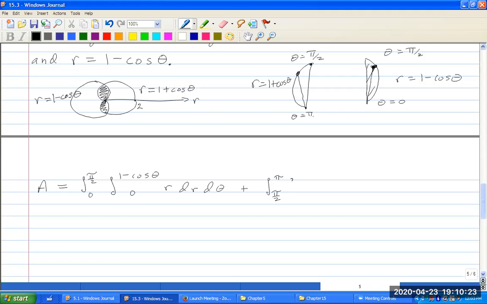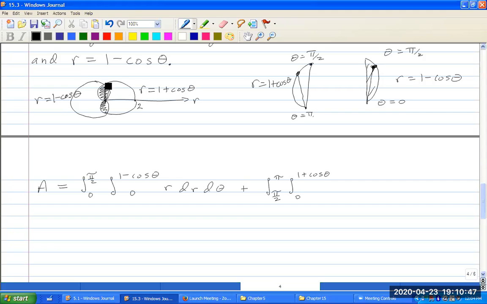I hope you can understand what I'm drawing. This goes from 0 to 1 plus cosine. So I'm drawing this region on top so far, which is in 2 parts. Part of it looks like this part of the cardioid.